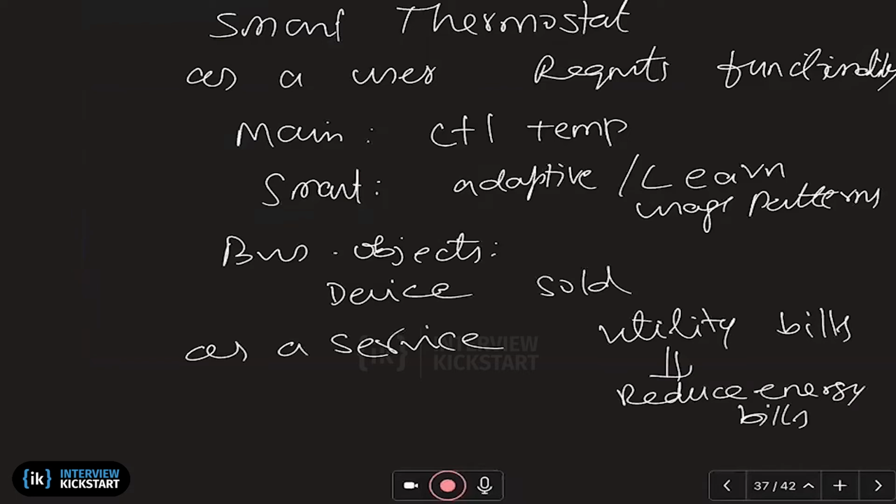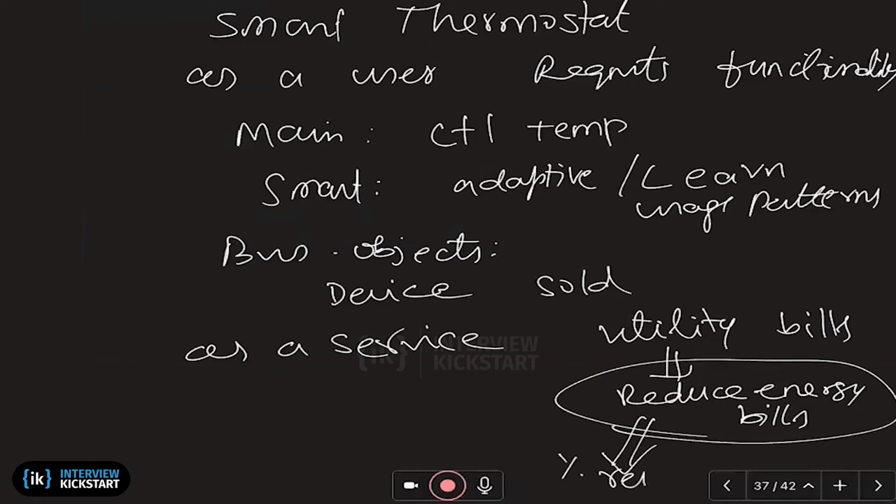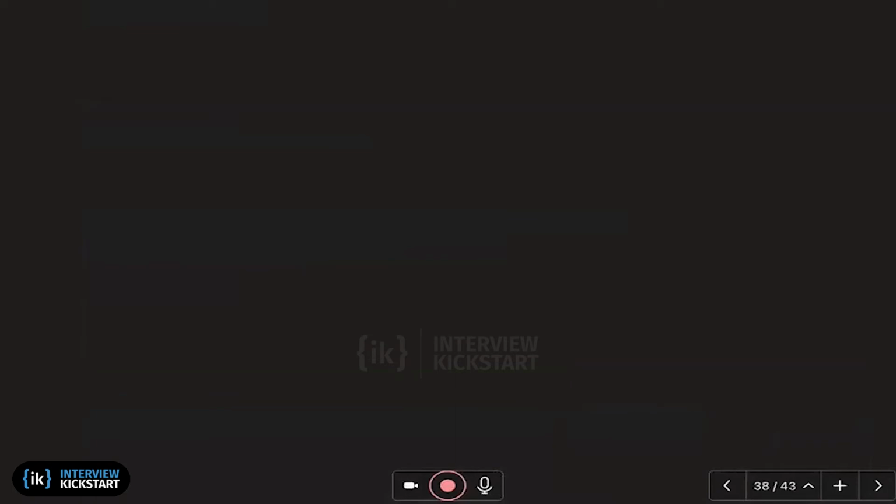So the smart thermostat's job is not just to do what it is told, but the business objective is to produce lower energy bills, and therefore a percentage of that is the revenue for the device vendor. So are you able to see beyond the hardware piece or the product? Are you able to see what business it enables? That's a good desirable attribute to think of.